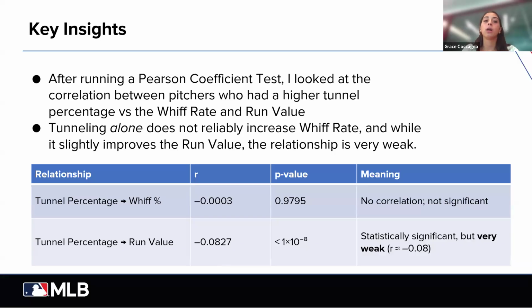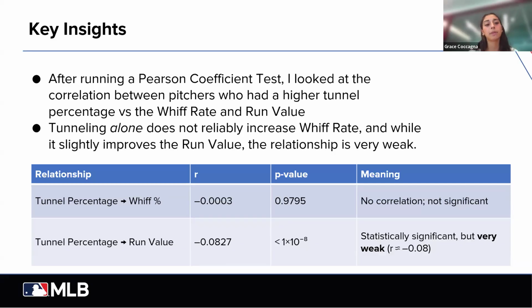Moving on to some key insights that I pulled, I ran a Pearson coefficient test, which is looking at the relationship between two variables. So what I wanted to look at was the question of if tunneling more makes you a better pitcher. If pitchers who have a higher tunnel percentage have higher whiff rate and run values.